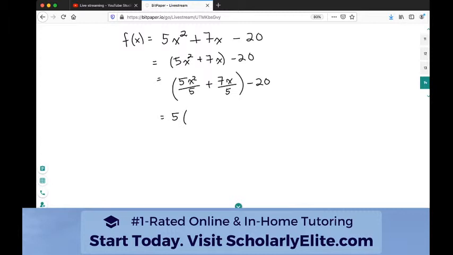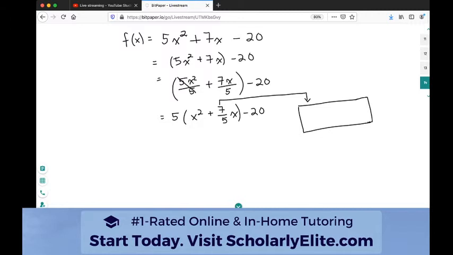So 5 is in the front. 5 divided by 5 is 1, so that's just x squared. And here I'm going to leave this as positive 7 over 5 x minus 20. Okay. Now, just like before, we're going to take this and put it into our death box. In the death box, it's going to be the same situation. And that's why I believe in doing times a half. Some teachers teach this as divided by 2. It's more confusing that way.